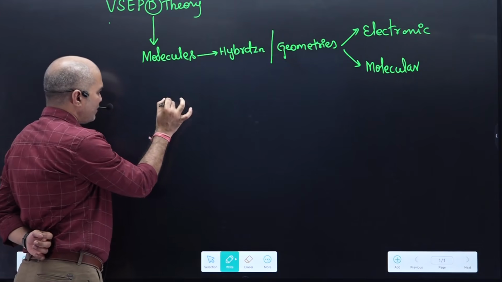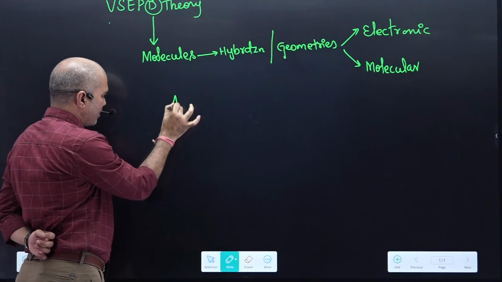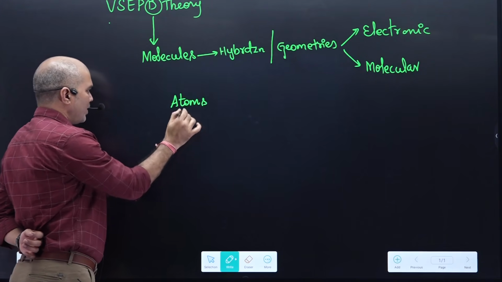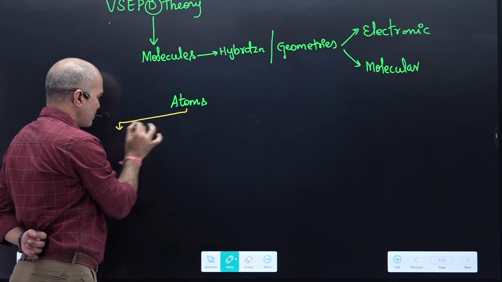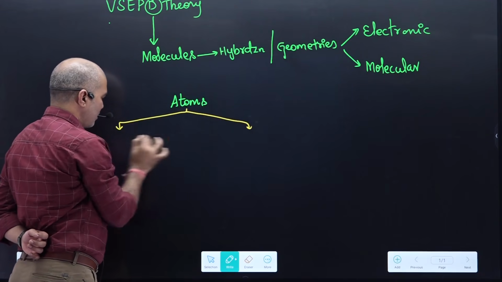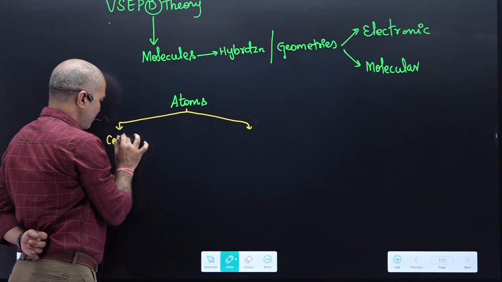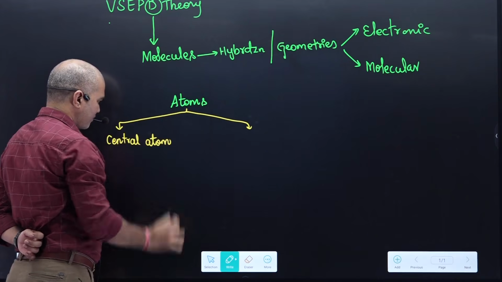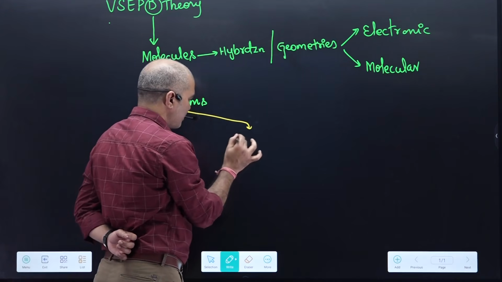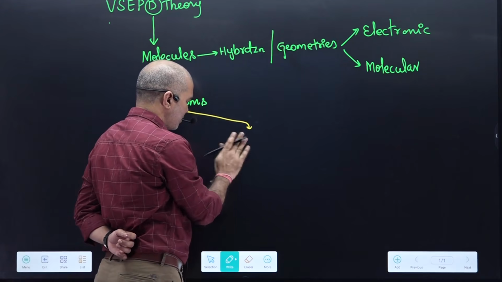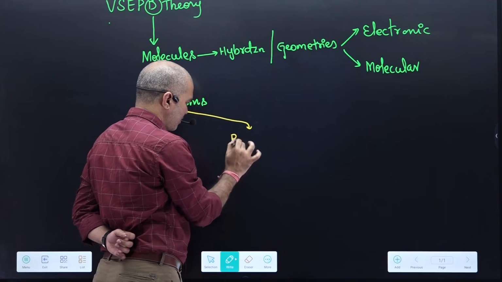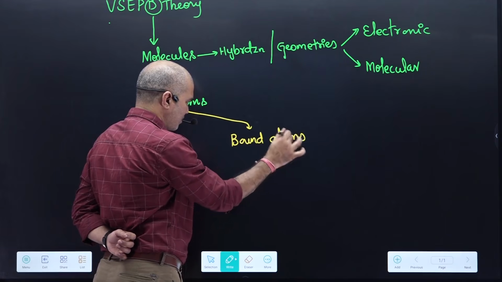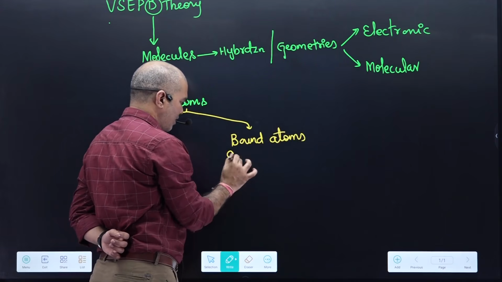Whenever atoms combine, they give you molecules. According to VSEPR, there are two types of atoms. First, I call it a central atom. Next one is bound atoms or surrounding atoms.